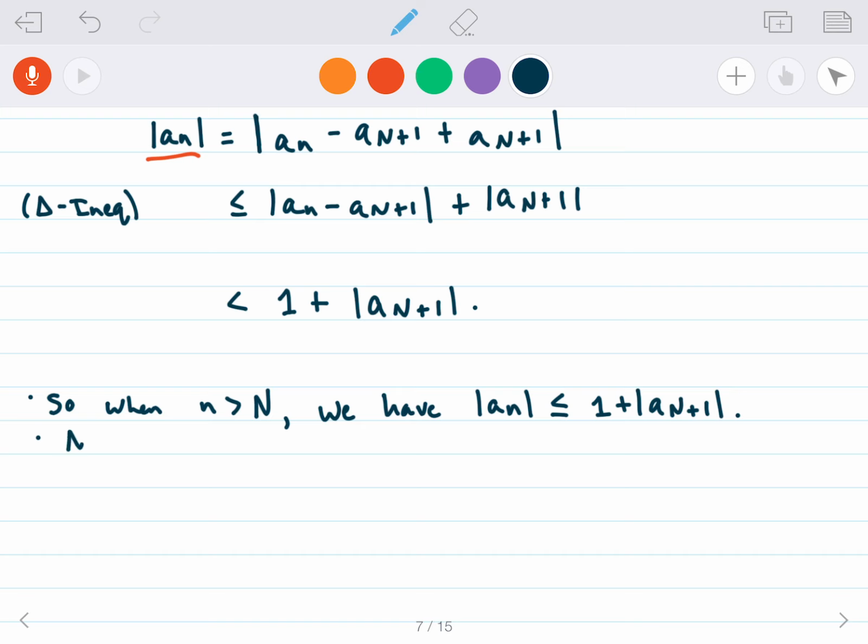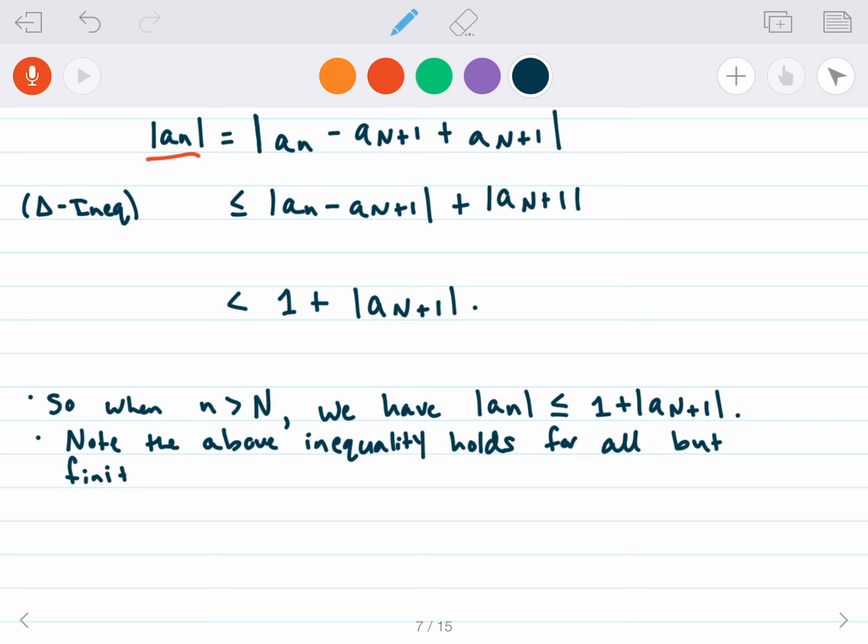So let's write it down. Note that the above inequality holds for all but finitely many terms.